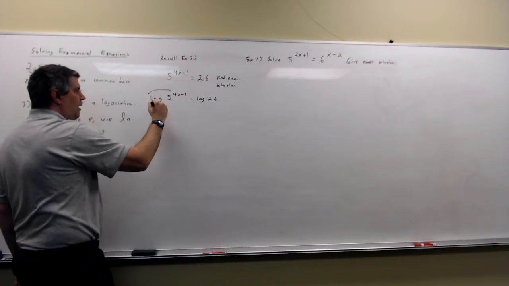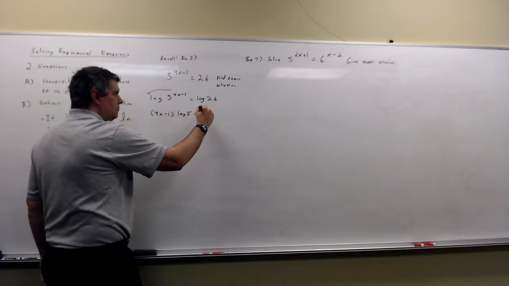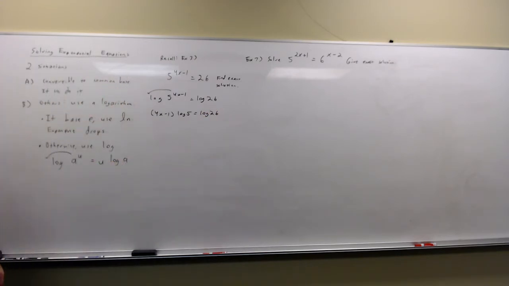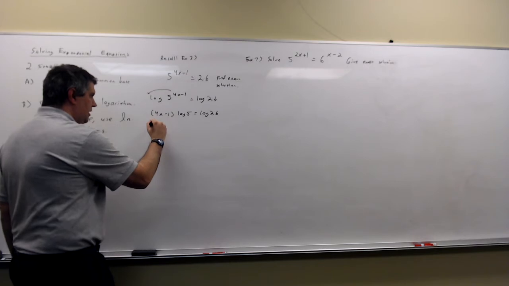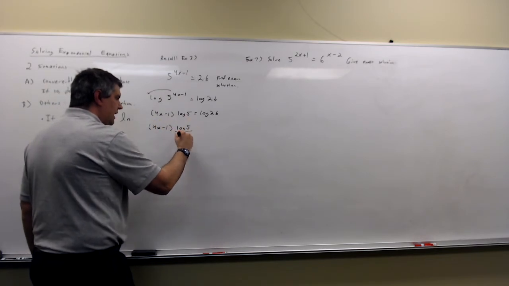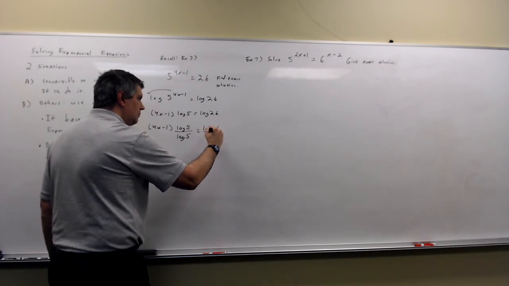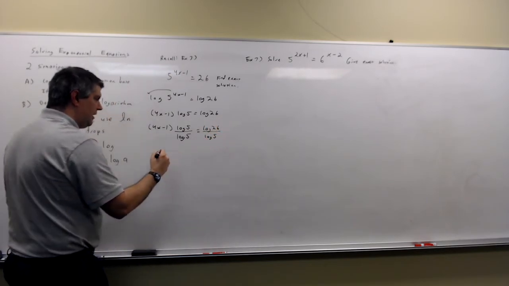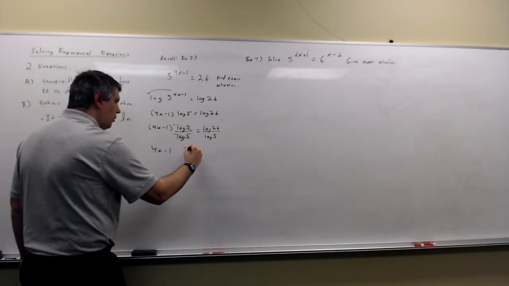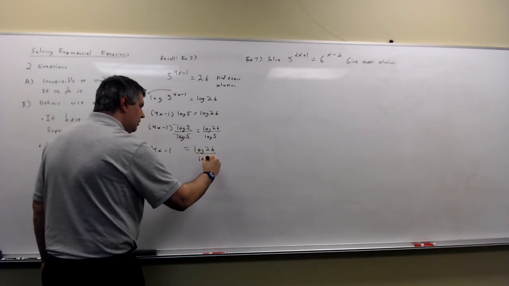Allow me to take the 4x minus 1 to the front. Okay, now the next thing I did was divide off the log on the left side, leaving me, those cancel, 4x minus 1 equals log 26 over log 5.